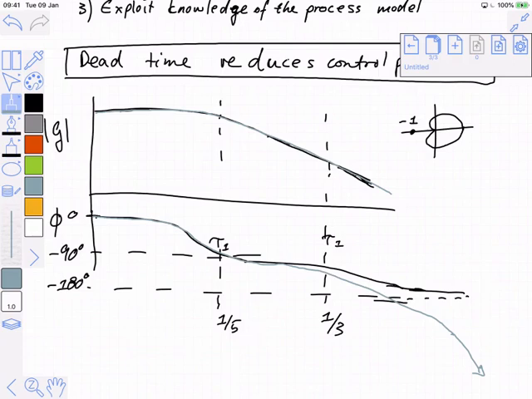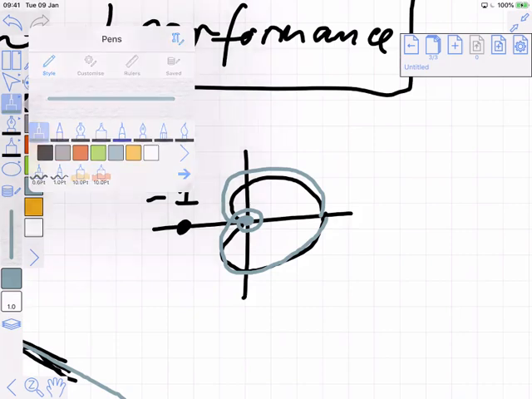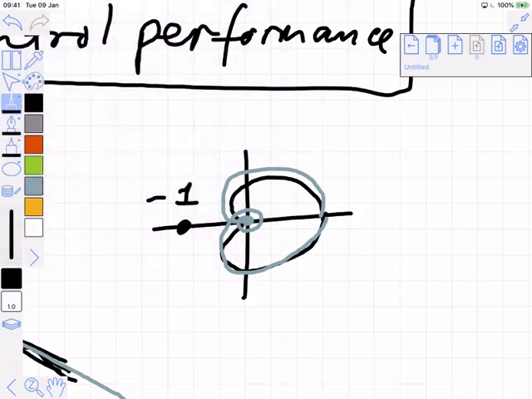Let me just finish this, because what dead time ends up looking like is this kind of spiral, right? One way of remembering why that would be the case is remembering that dead time is a rotation in the complex plane.